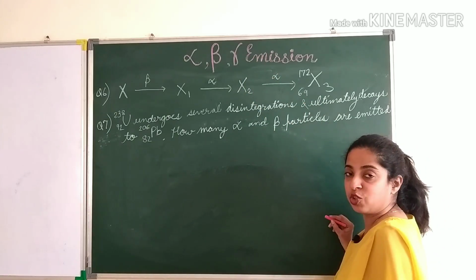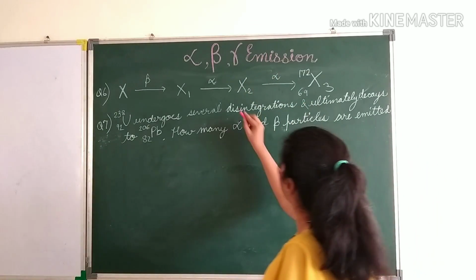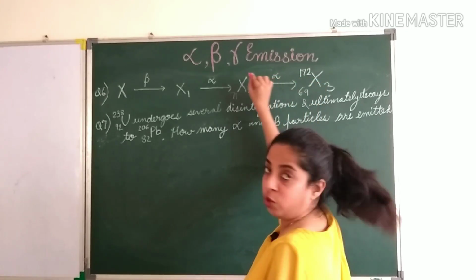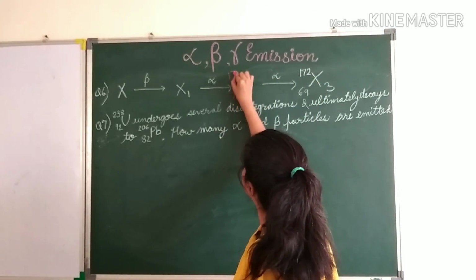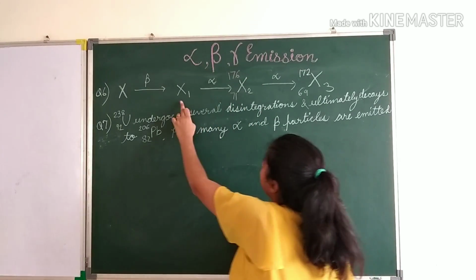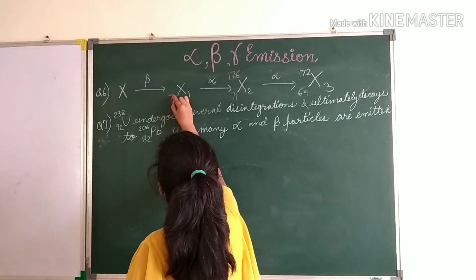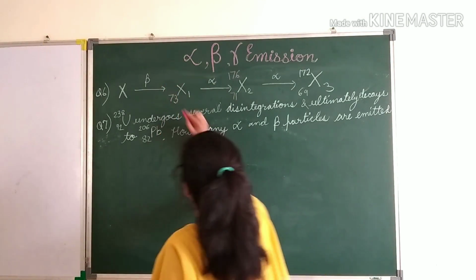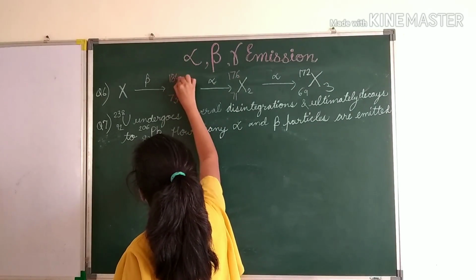So 69 + 2, 71, and here we will write 172 + 4, 176. Here again alpha particle, so we'll do the same thing. We'll add 2 here, so it becomes 73, and we will add 4 here, so it becomes 180.